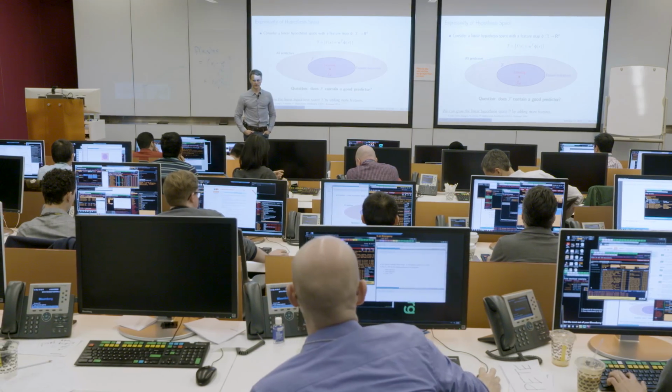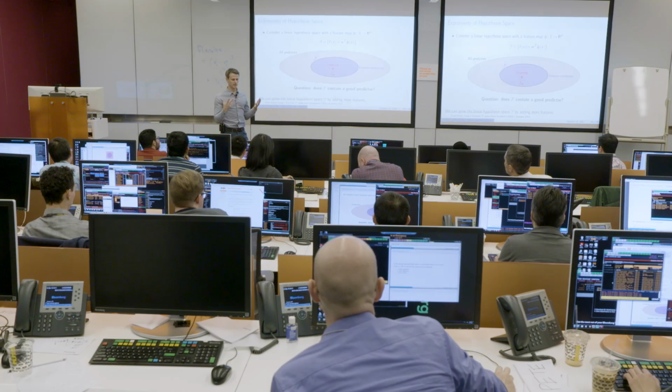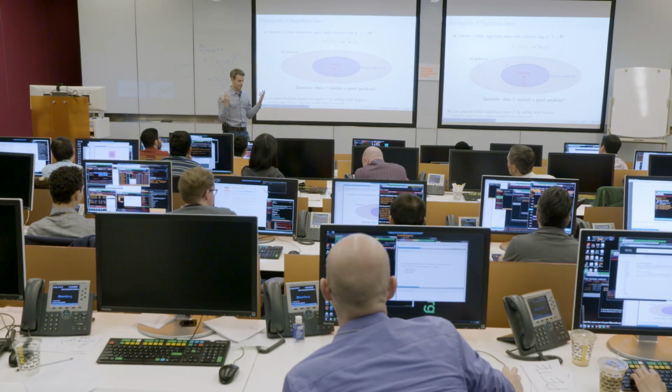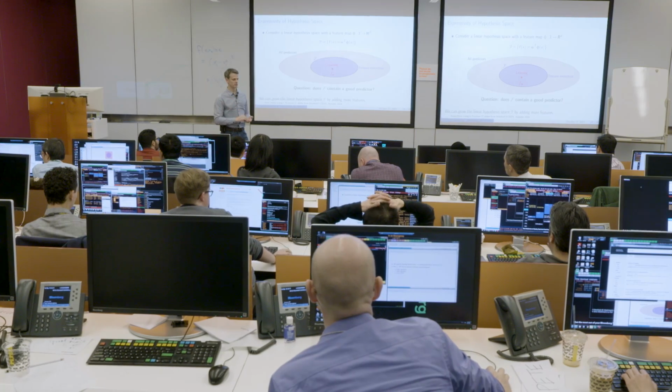Yeah, I think the comment is that it seems like there's some mix of looking at your data and trying to use your knowledge or intuition on a good way to transform the original inputs.